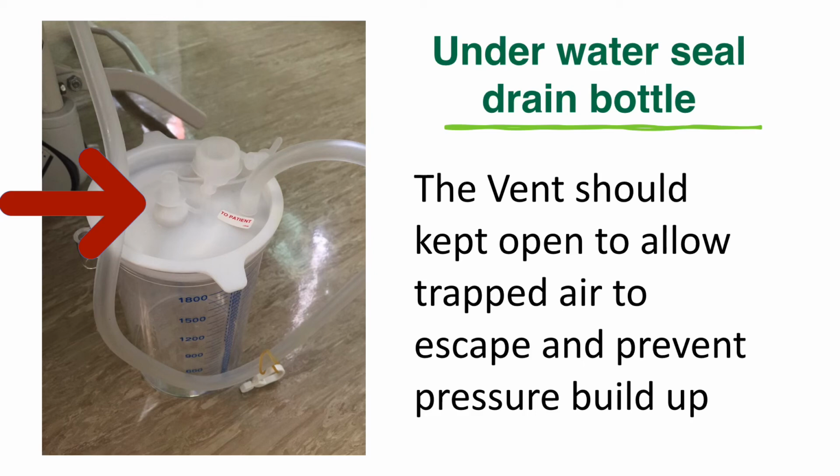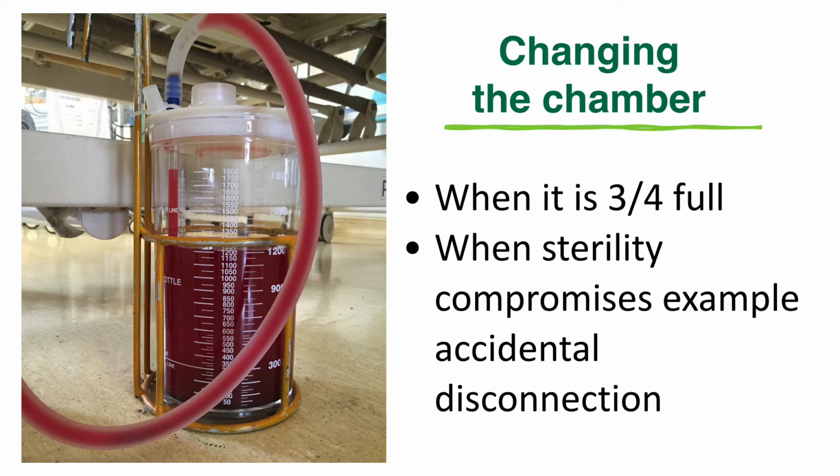It can also be connected to a low pressure suction if indicated. The chest drain chambers need to be replaced when they are three-quarters full or when the underwater seal drain system stability has been compromised, for example, accidental disconnection.